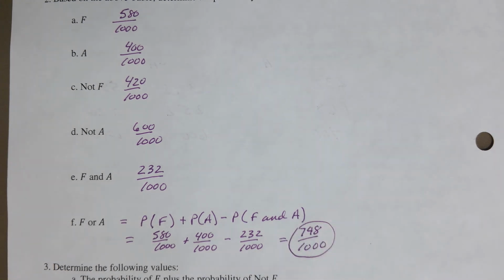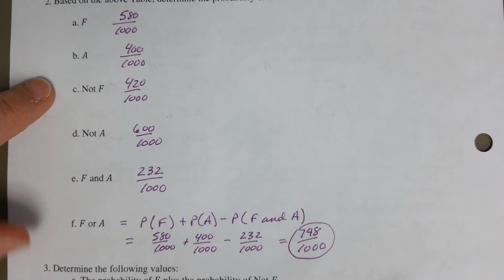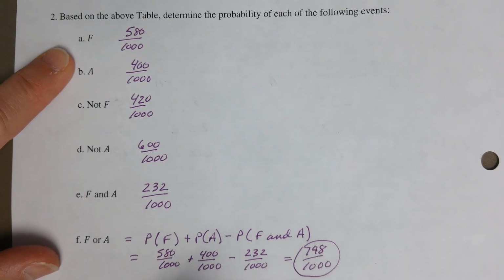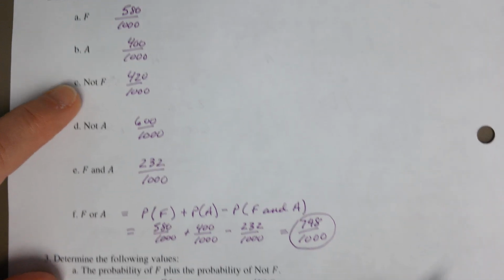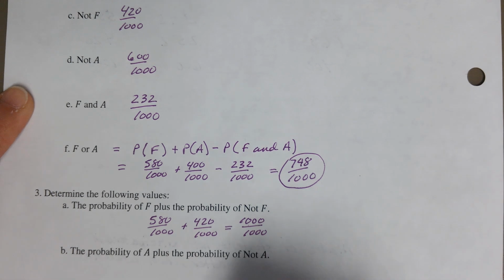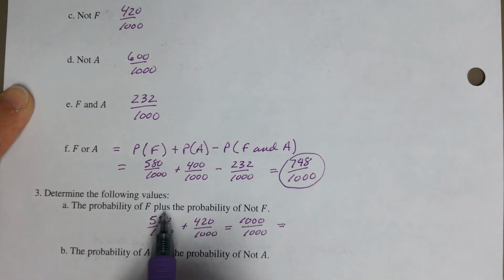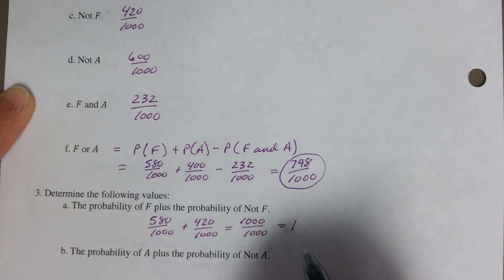Determine the following values. The probability of F plus the probability of not F. 580 over 1,000 plus 420 over 1,000 equals 1,000 over 1,000, which is 1.